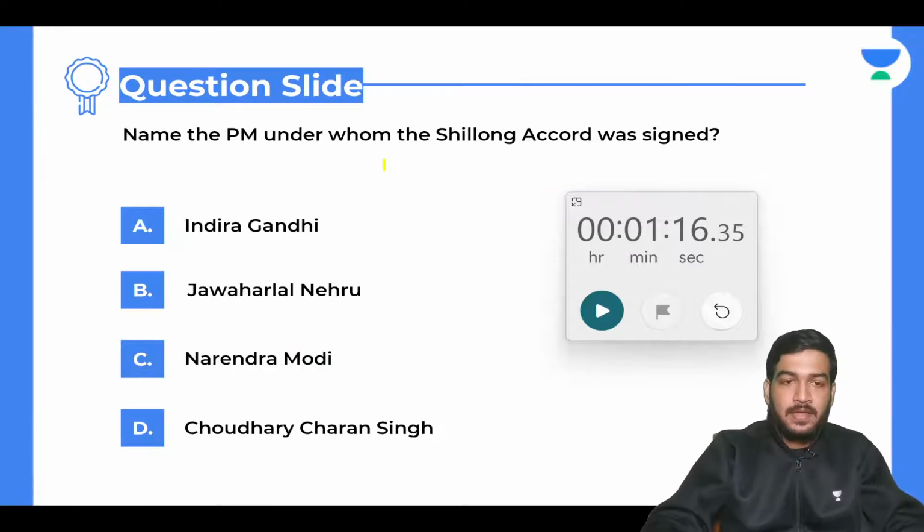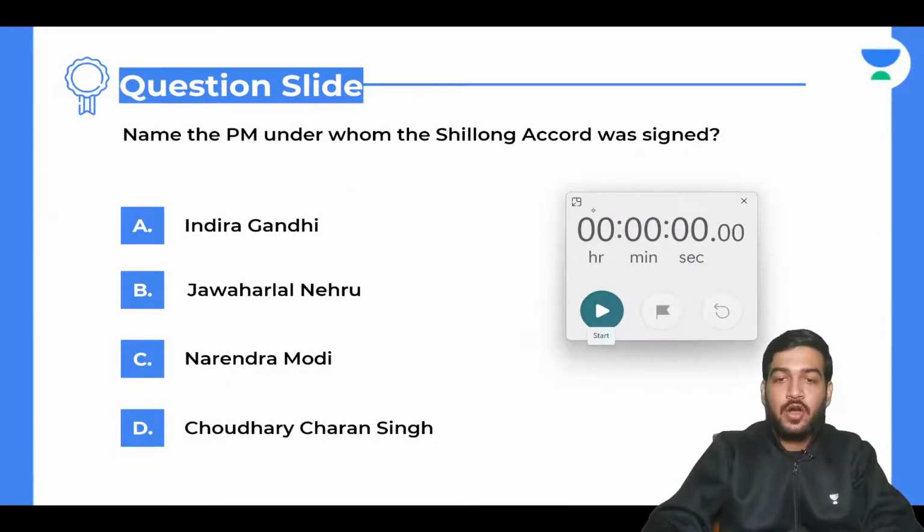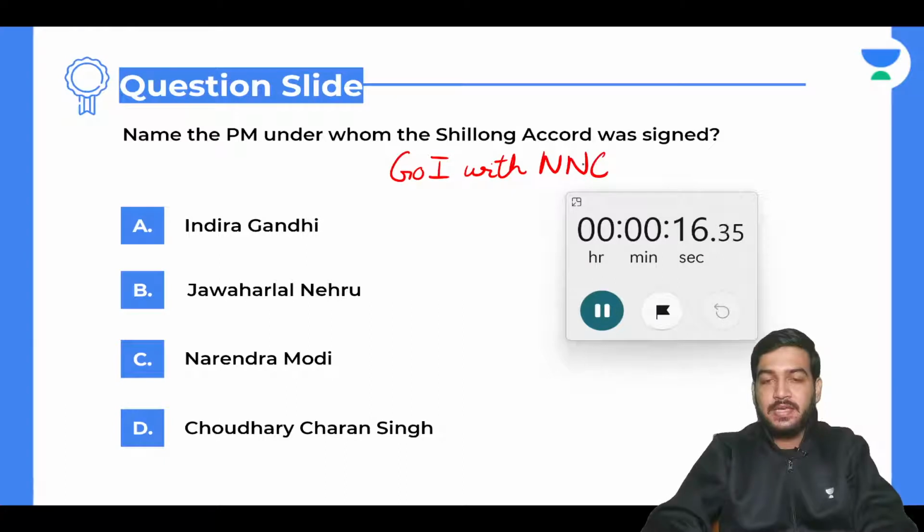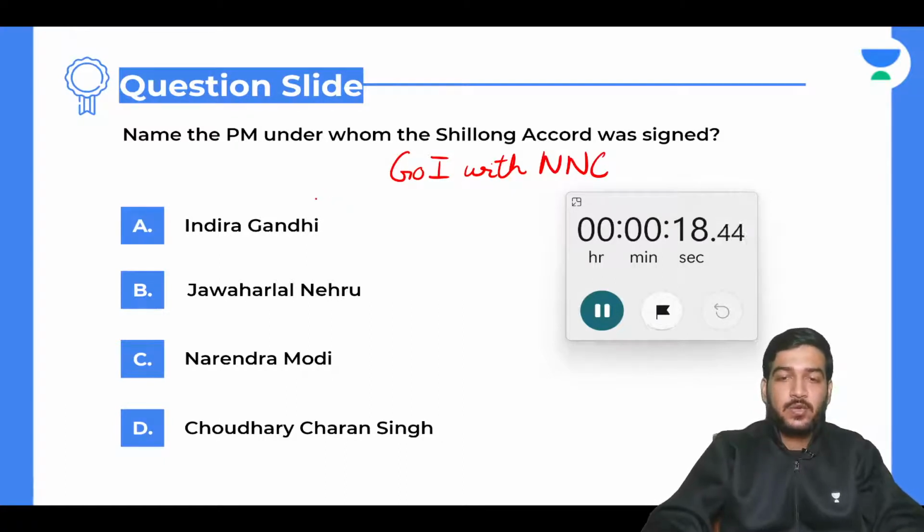Then next, name the Prime Minister under whom the Shillong Accord was signed. The Shillong Accord was signed for peace in Nagaland. This was the accord that the Government of India signed with the NNC.